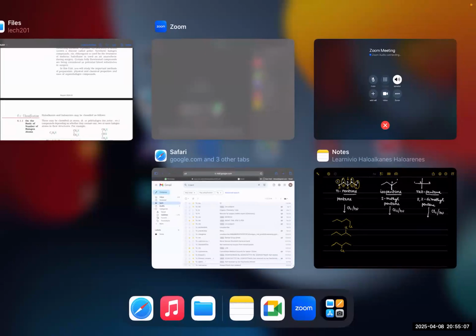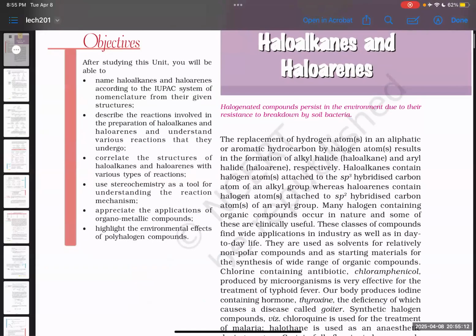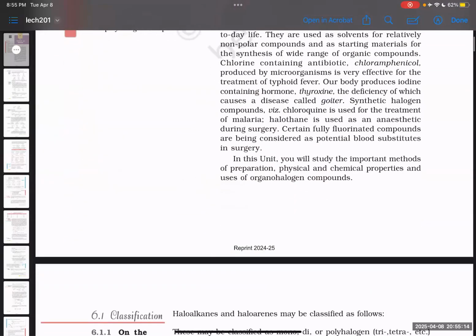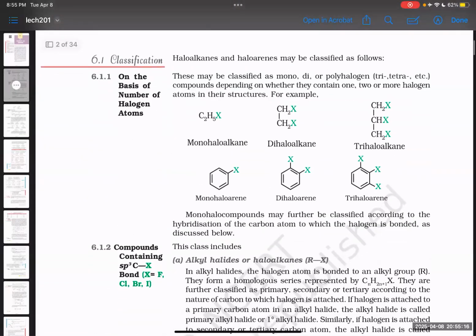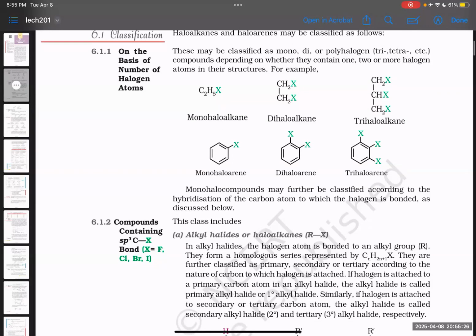Look, this is the problem. This is the basic class. This is the basic theory from your NCERT only. This is the classification on the basis of numbers: mono haloalkane, dihaloalkane, trihaloalkane. Got it?